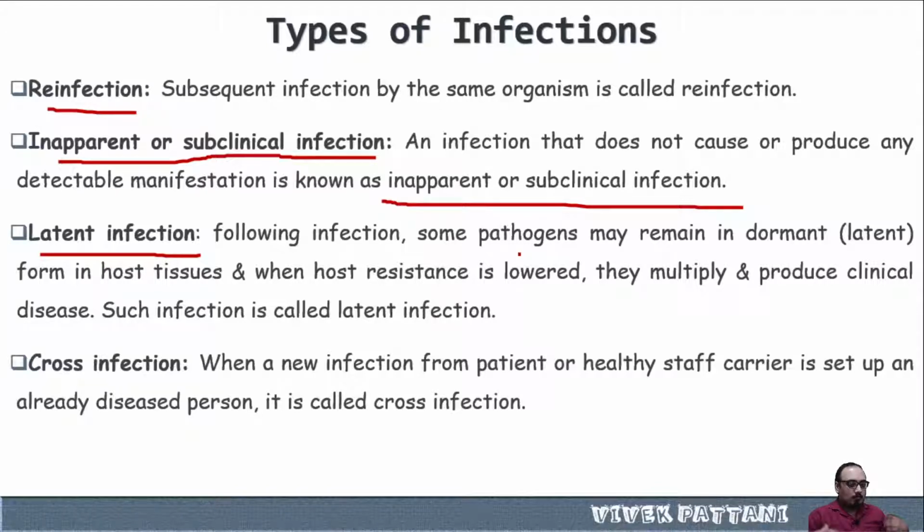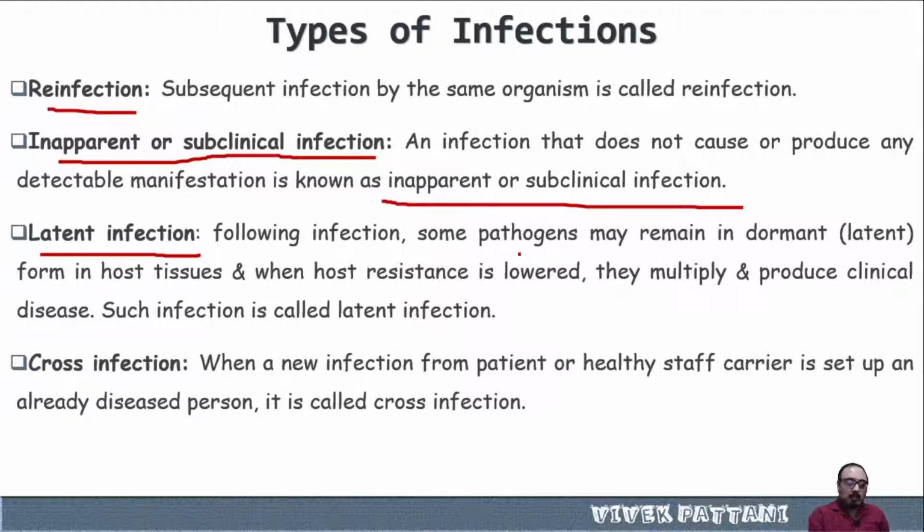Now some of you may be having a doubt: sir, what is the difference between reinfection and latent infection? Reinfection occurs within a very short period of time of the first infection, for about a month, 15 days, or maximum let's say 2 months.